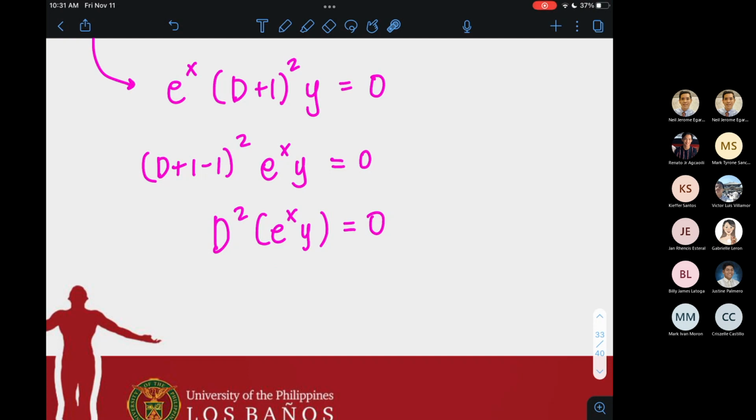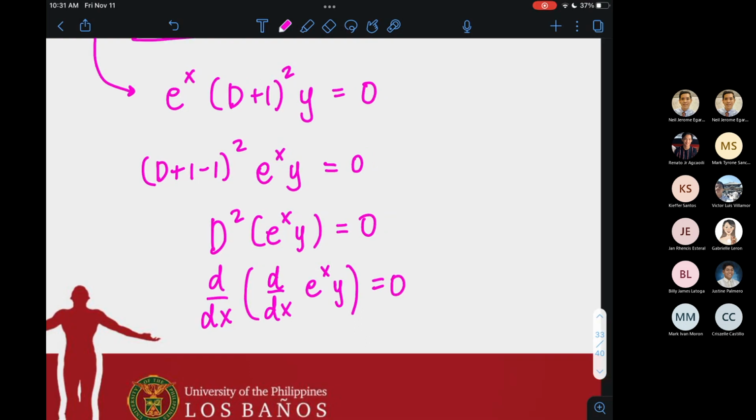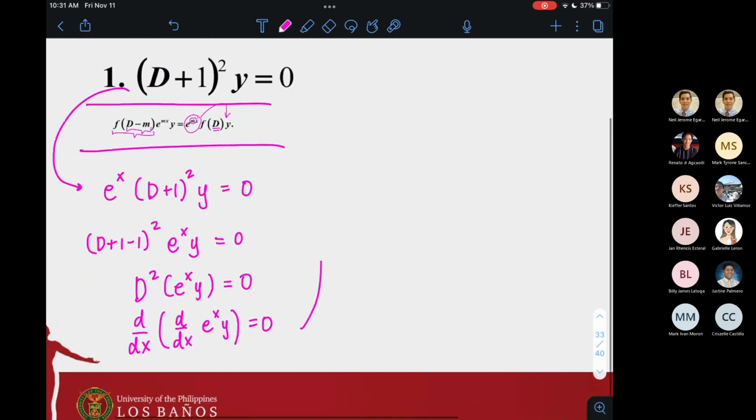Well, you can do it step by step, ano? Paano yung step by step? Well, this is derivative. The second derivative is just the derivative of the first derivative, right? E to the x y equal kay 0. So, ibig sabihin, naghahanap tayo ano yung mga functions na pag kinuha natin yung first derivative, nagiging equal kay 0. Right? Nagiging 0 lamang ang derivative kapag ka constant yung dinifferentiate mo.